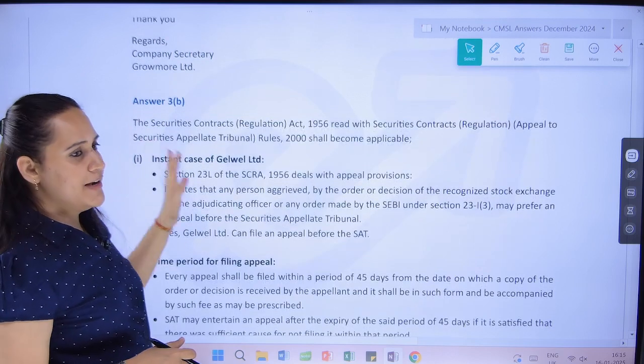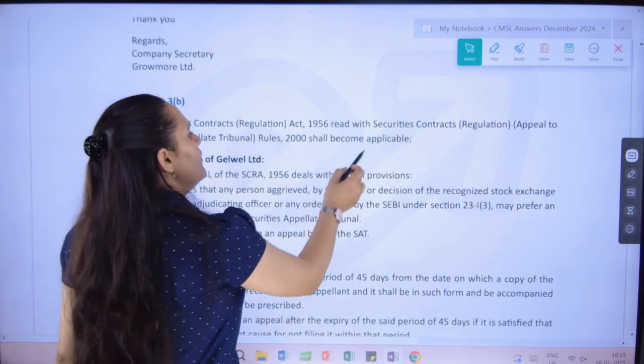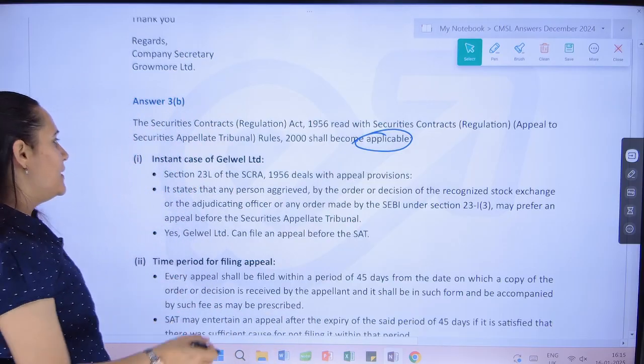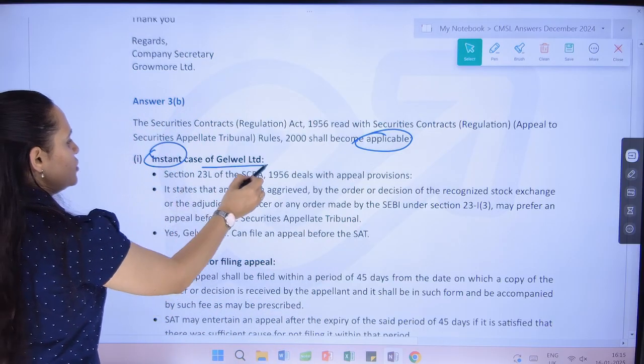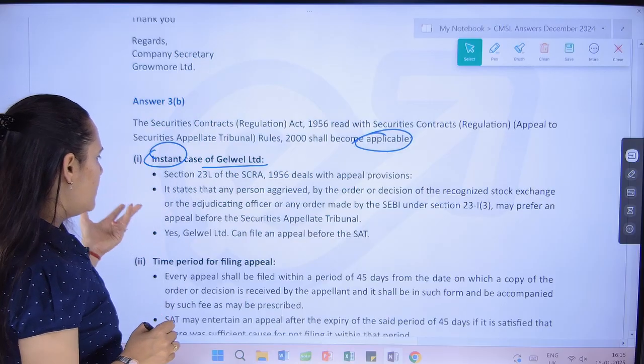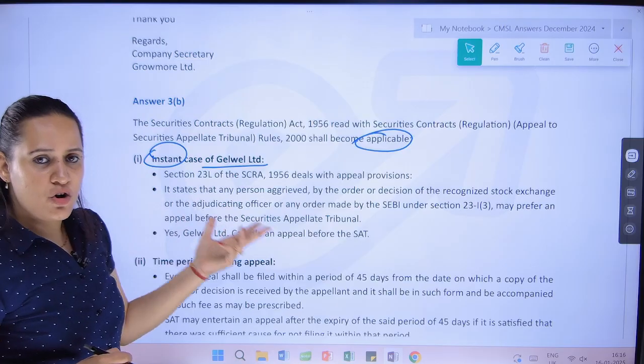The Securities Contract Regulation Act, read with the rules, will become applicable in the instant case for provisions relating to appeal. First one, in the instant case of Gelwell Limited, we should tell whether the appeal can be filed or not filed.